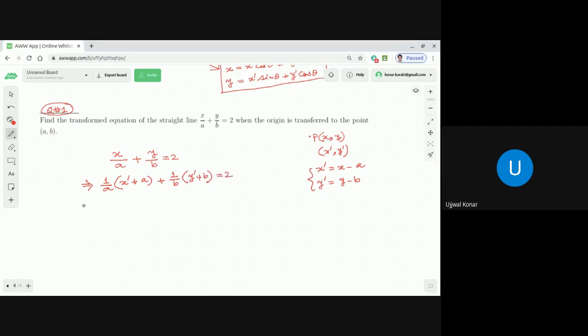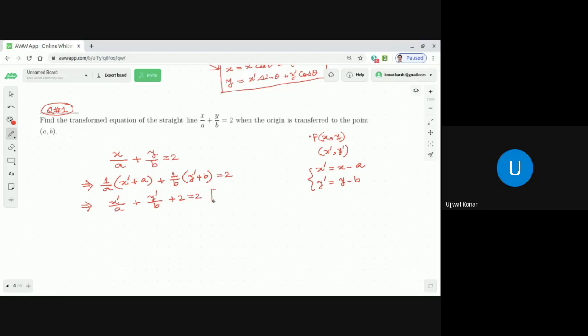Correct, not, dear students? So from here, what we can say: x dash by a plus y dash by b plus a by a is 1, b by b is 1, that is plus 2, is equal to 2.